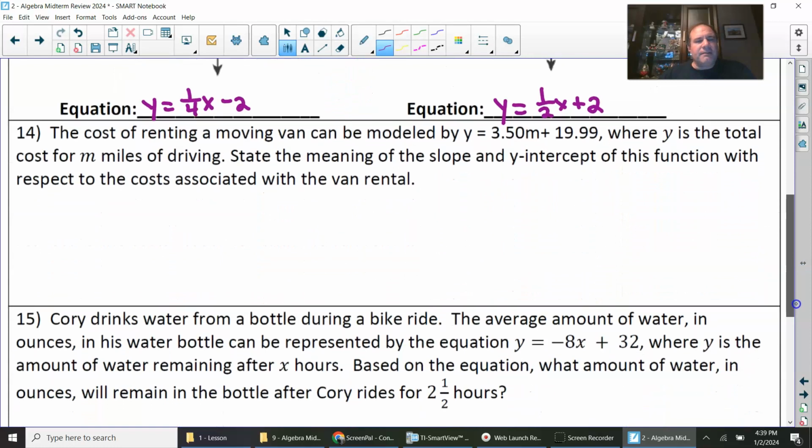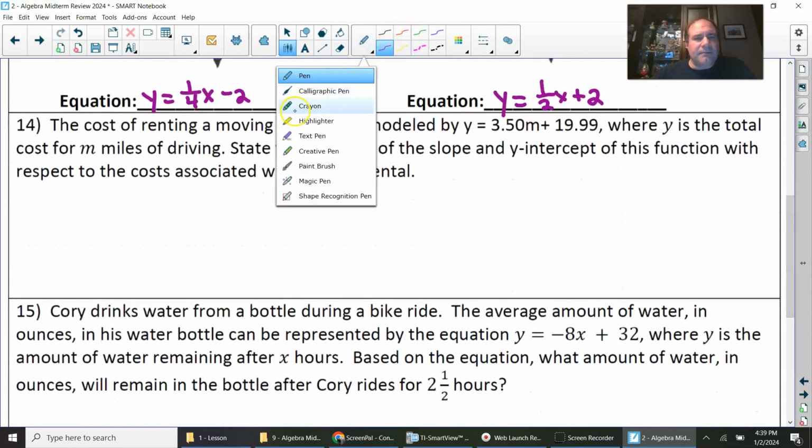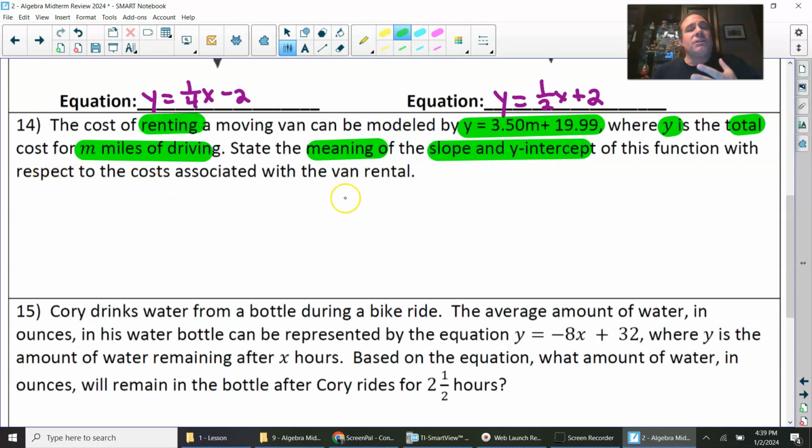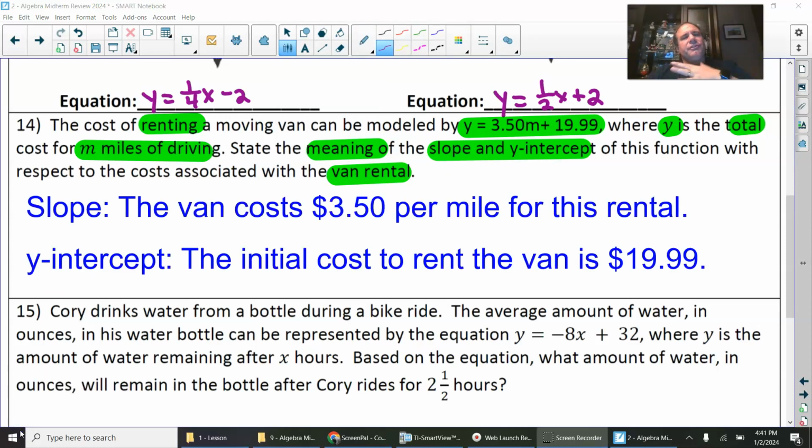The cost of renting a moving van can be modeled by, and I'm going to use my highlighter for this. So we're talking about a moving van that we're renting, where y is the total cost for m miles of driving. State the meaning of the slope and y-intercept of this function with respect to the costs associated with the van rental. And so the slope of this is 350.